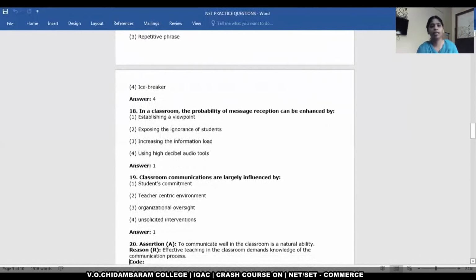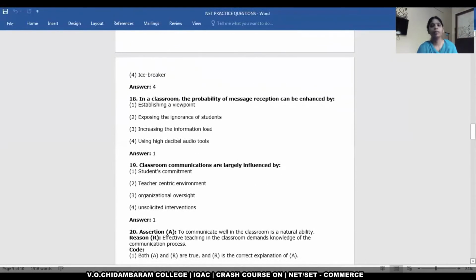The next question is, in a classroom, the probability of message reception can be enhanced by what? By establishing a viewpoint, exposing the ignorance of students, increasing the information load, or using high decibel audio tools. You just eliminate all the negative answers. Exposing the ignorance of students? No. Increasing the information load?